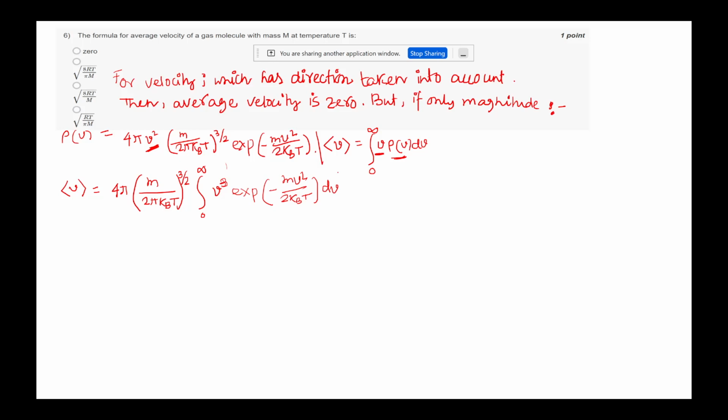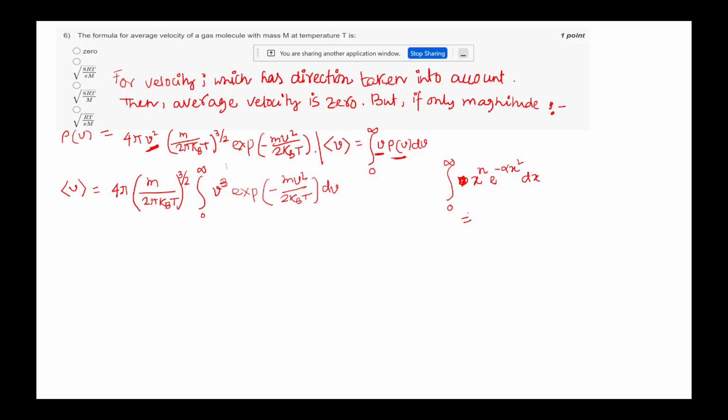So let me solve it, because I'm just writing the formula because this will be useful. So this is the integral from 0 to infinity, if we use another variable, of x to the power n e to the power minus alpha x square dx.